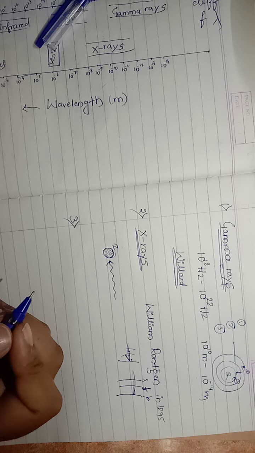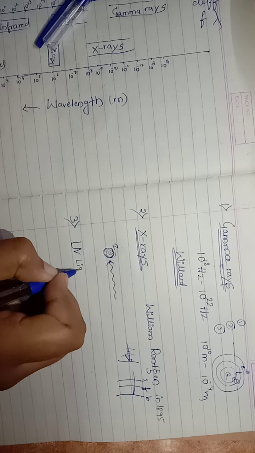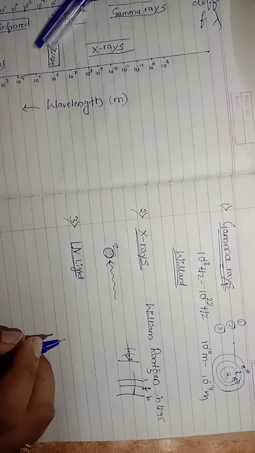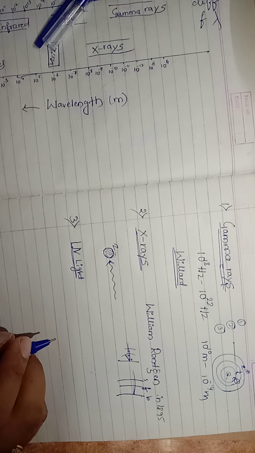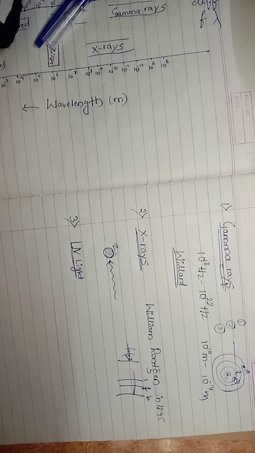What is next? We have ultraviolet light. You already know about the frequency and wavelength of ultraviolet light. These ultraviolet rays are produced by the sun.